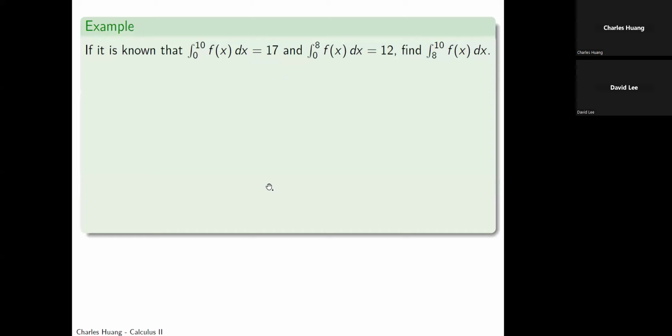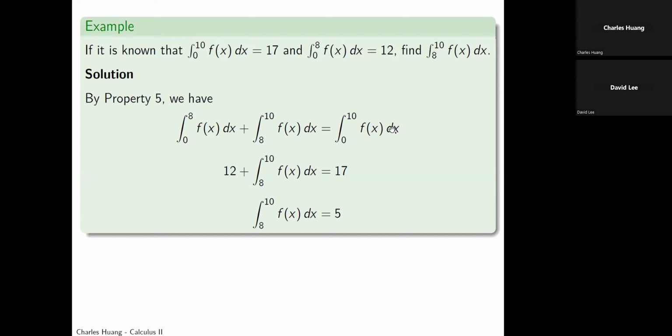For now, we can ask you for a concept like this really quickly. You'll notice it's the same function, and we're playing around with the limits 0 to 10, 0 to 8, 8 to 10. Naturally, 0 to 8 plus 8 to 10 is going to give us 0 to 10.